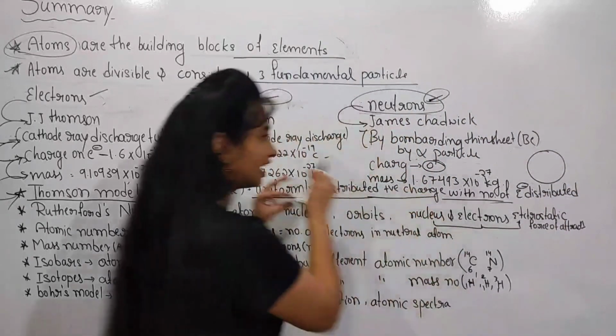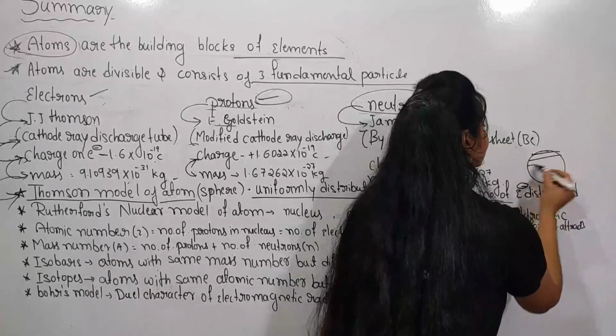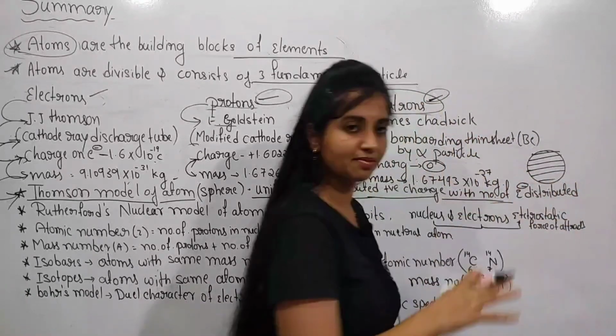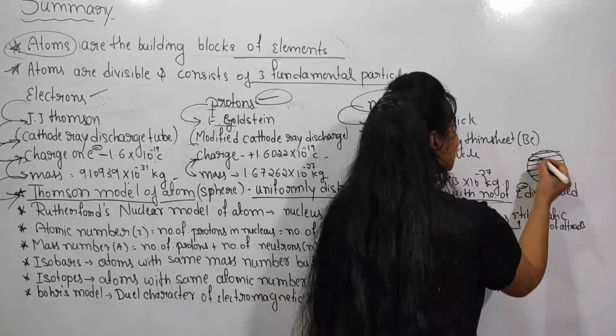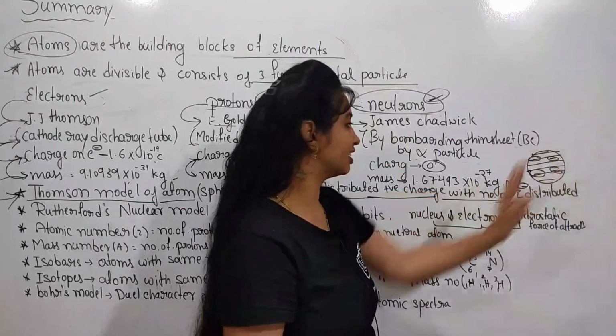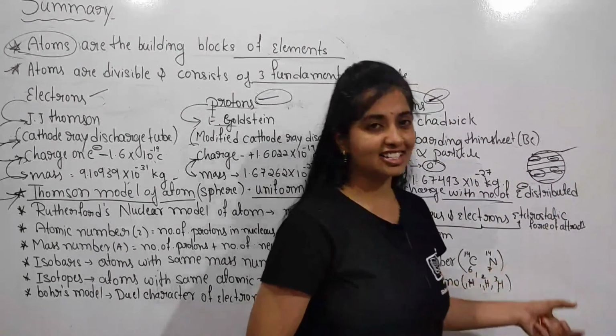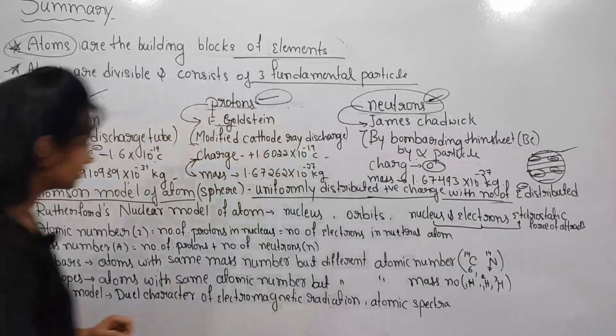He says the atom is spherical and the positive charge is uniformly distributed throughout it, and the electrons are embedded in it. So this model is also called the watermelon model.